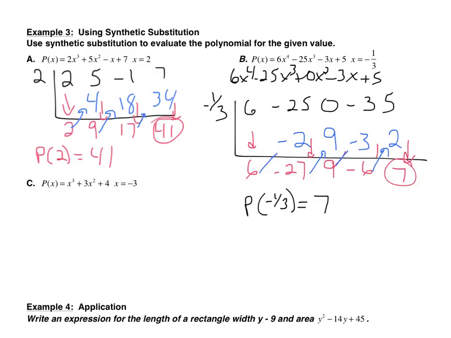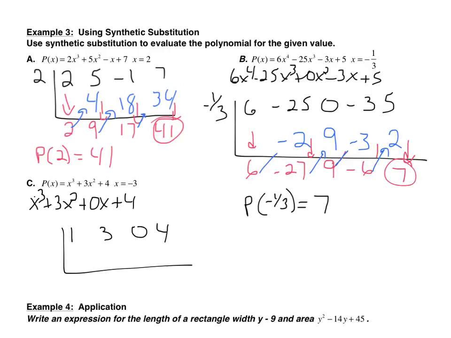In letter C, we have x cubed, x squared, and 4. So we really need x cubed plus 3x squared plus 0x plus 4. So that means we have 1, 3, 0, 4. And then our x value here is negative 3.